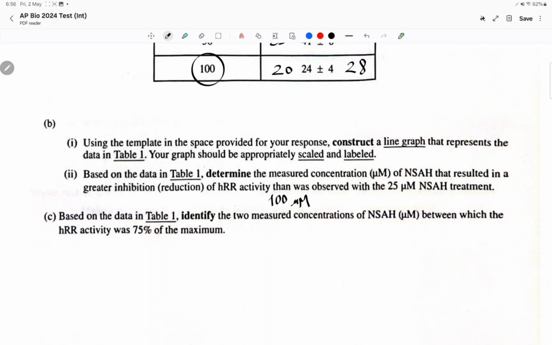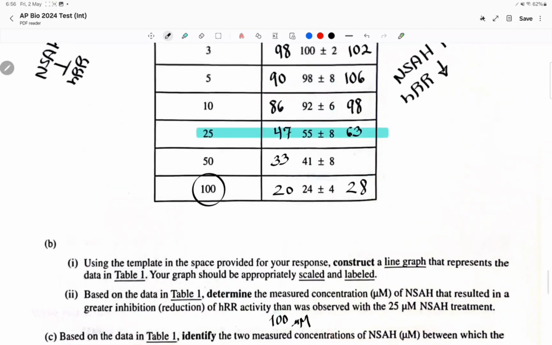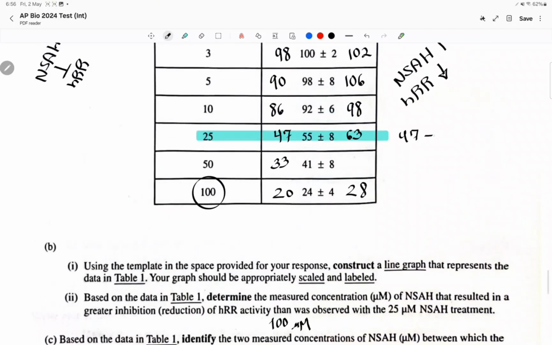Did you guys get that part? The overlap, do you know? I can explain again. So look, this one here ranged from 47 to 63. They're asking for more inhibition, which means less HRR. This one will range from 33 to 49, which is going to be overlapping with 47 to 63 because they both have 47, 48, 49 in common. So don't pick this one. This one is going to range from 20 to 28, so no overlap.